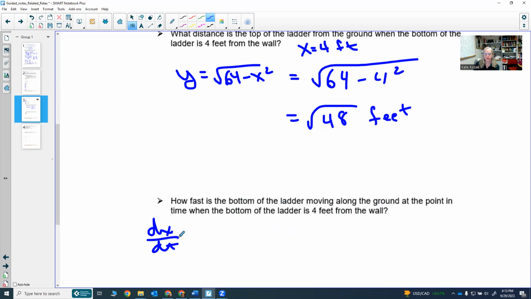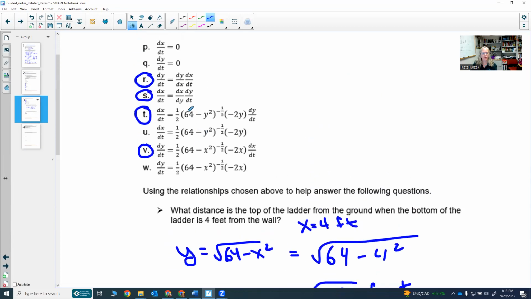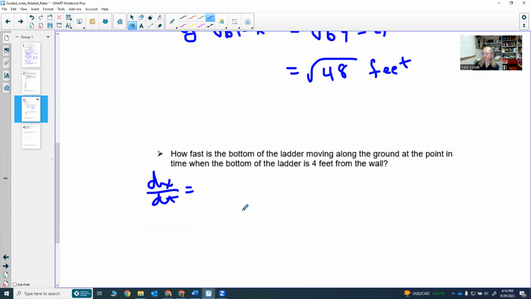And using letter T above, dx/dt was equal to 1/2 (64 minus y squared) to the -1/2 times -2y dy/dt. So that's the equation I'm going to be looking at. Well, actually, let's just write it out first so you can see where everything goes.